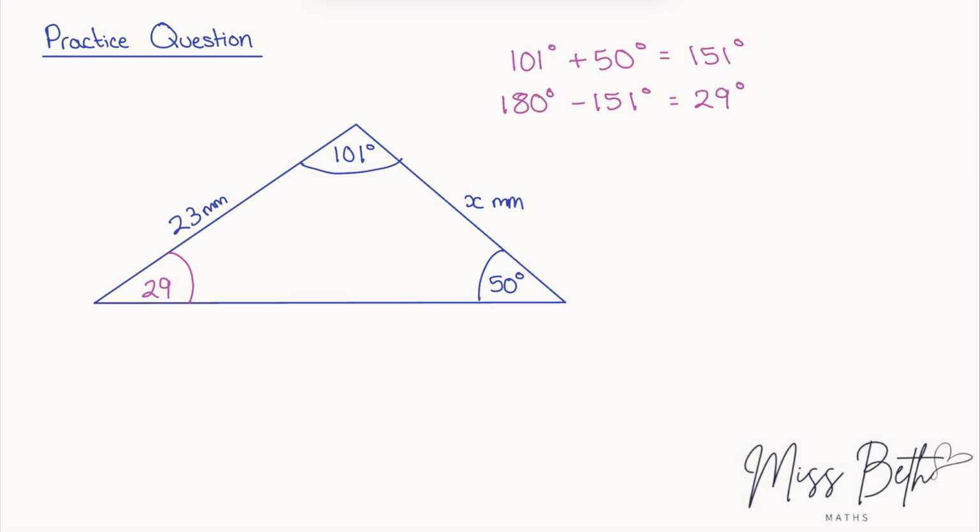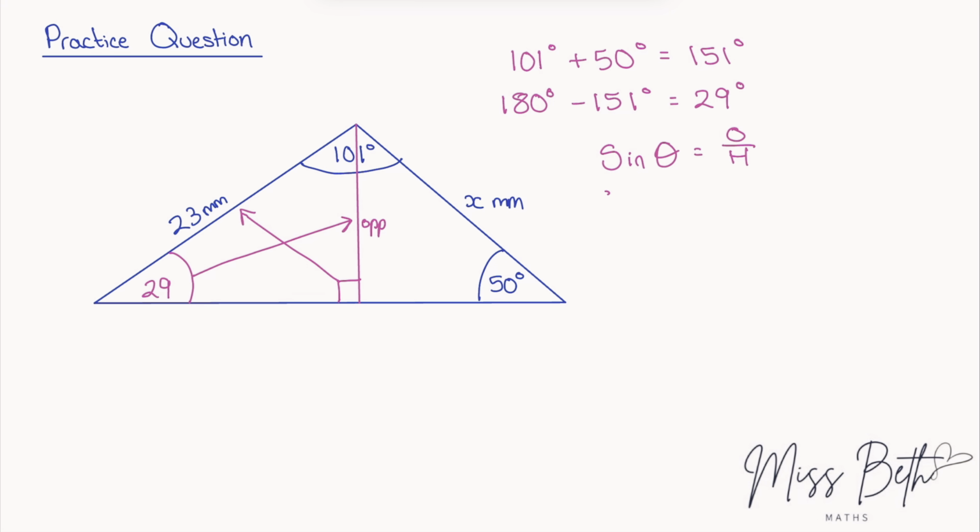And then I want to split my triangle into two right angled triangles. Okay, I'm going to focus on this left hand side triangle first of all. So I'm looking to find the opposite here. Okay, and I have the hypotenuse. Okay, so I am going to be using sine theta equals the opposite over the hypotenuse.